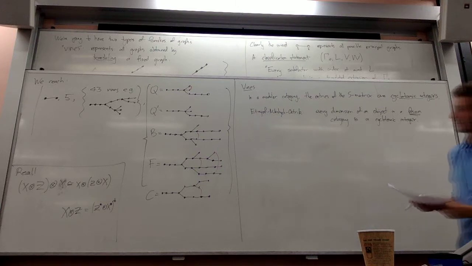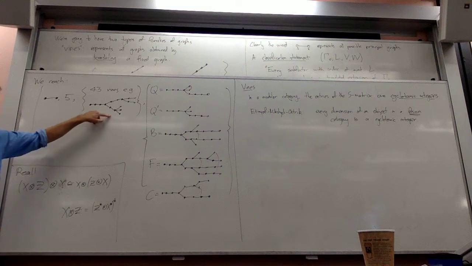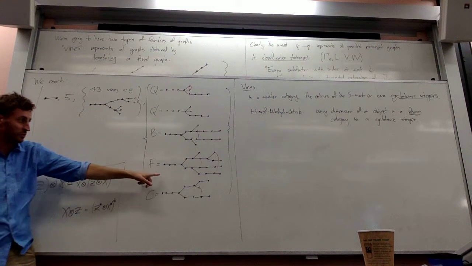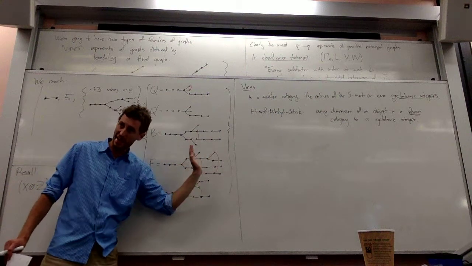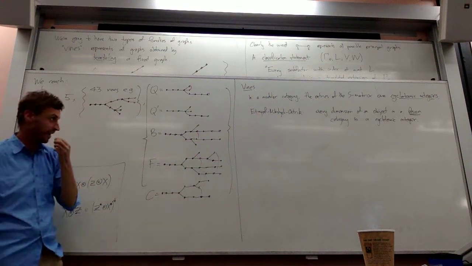And so in particular, notice that all of these principal graphs corresponding to vines really do have finitely many objects. These guys could be infinite, because we might add infinitely many vertices onto the right to get our principal graph. But these guys are definitely finite.